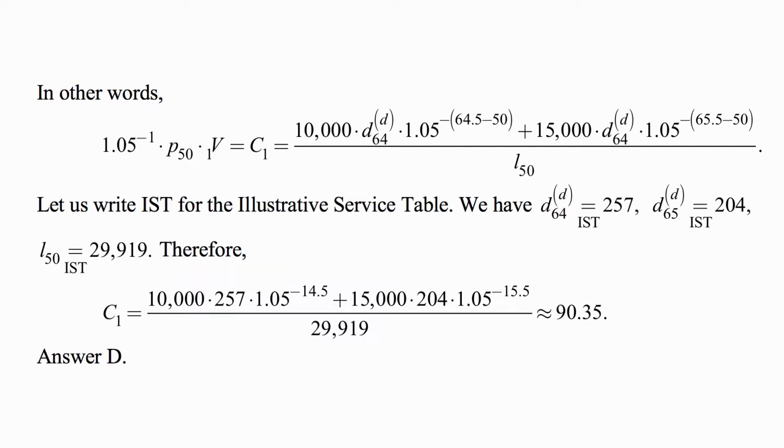the actual present value of those death benefits, which are paid either in the amount of $10,000 at age 64.5, so $10,000 discounted at 5%, times the number of deaths at age 64 divided by L50. That would give the actual present value of those deaths between ages 64 and 65.